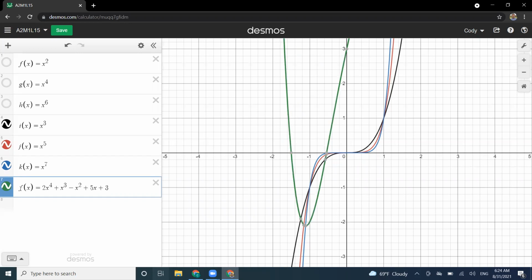For you, you definitely need to be doing this on your graphing calculators, making sure you're able to do these.